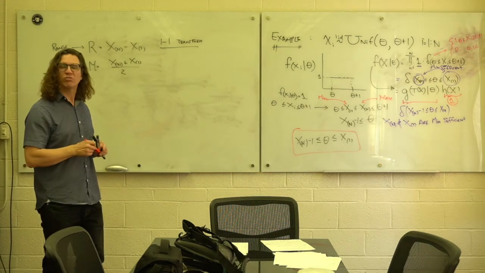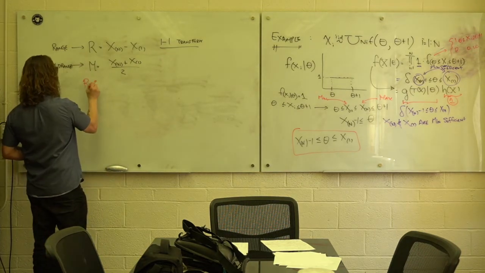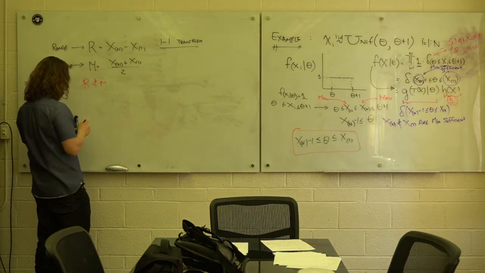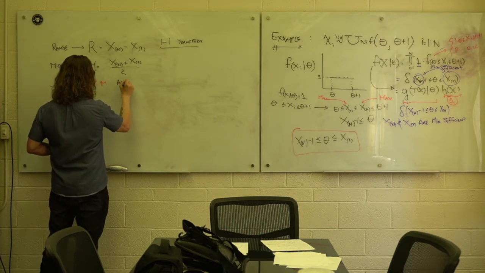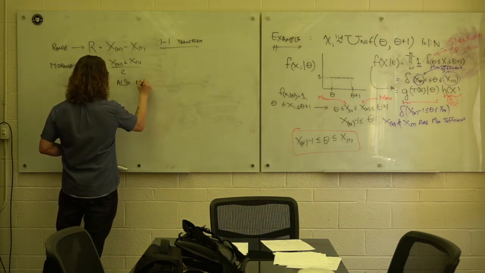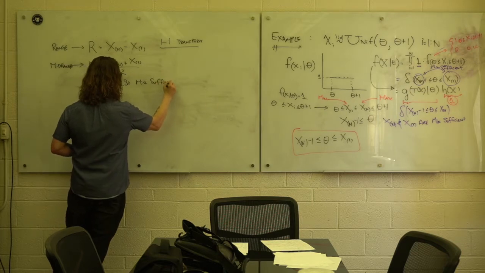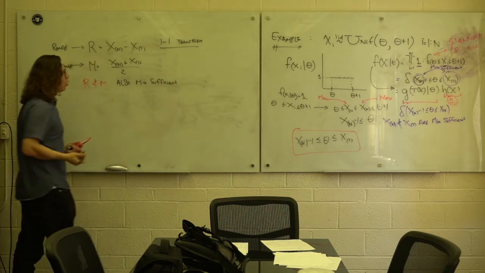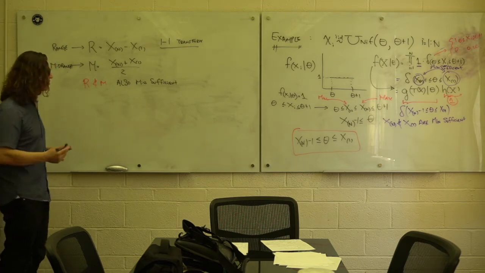So minimal sufficient statistics are not unique. So R and M are also minimal sufficient. One-to-one transformations of minimal sufficient statistics are minimal sufficient statistics.